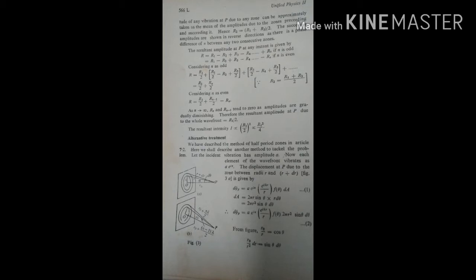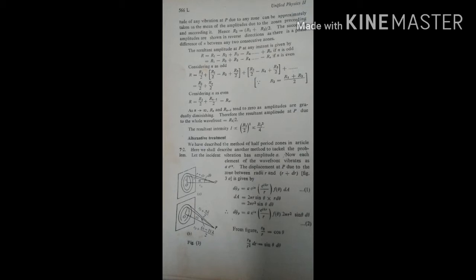The resultant amplitude at P at any instant is given by R = R1 − R2 + R3 − R4 and so on up to Rn if n is odd, and R1 − R2 + R3 − R4 and so on up to −Rn if n is even.